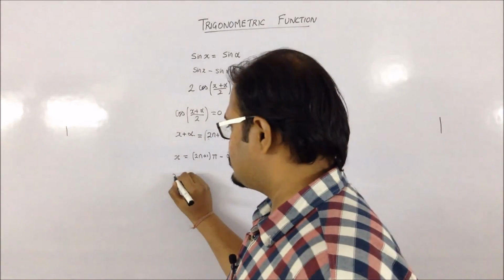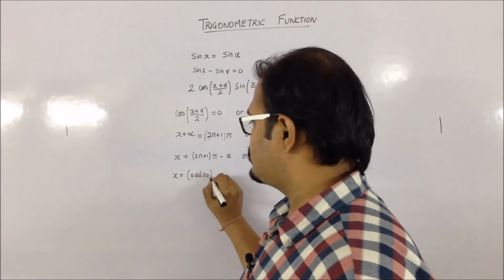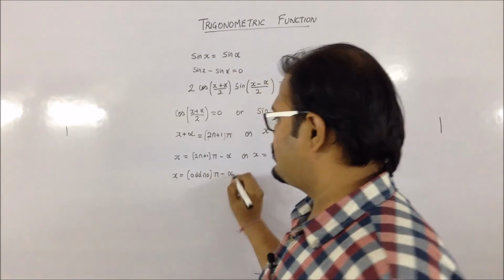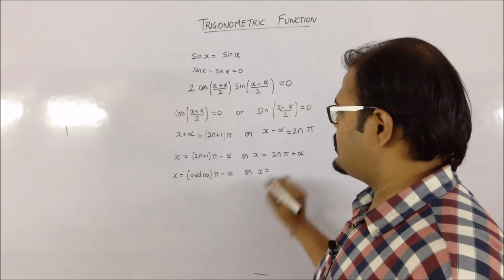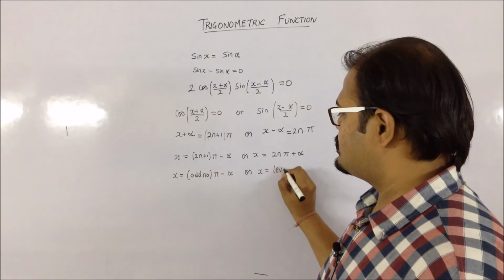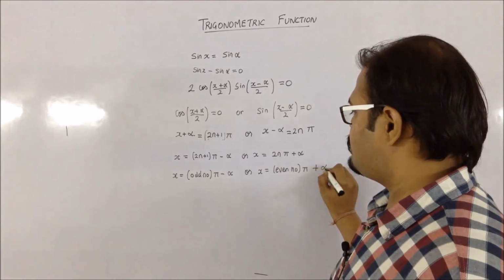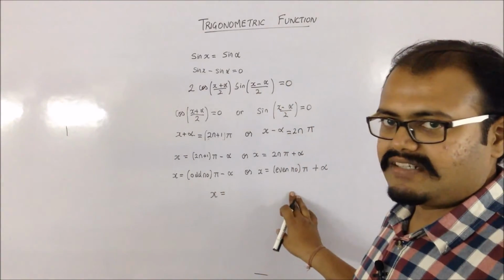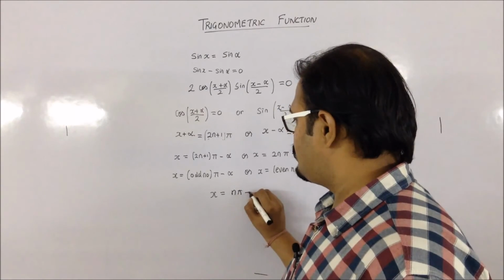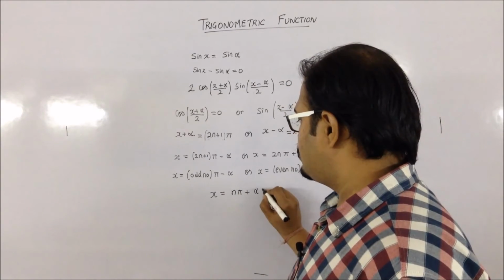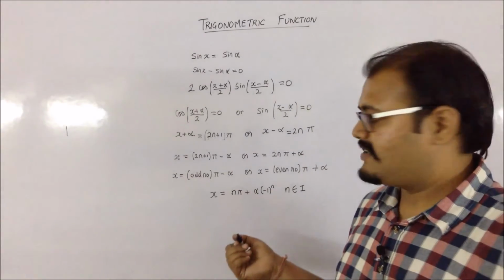So this is x equals odd number times pi minus alpha, and this becomes an even number times pi plus alpha. If I want to generalize this particular equation, then I will get it as n pi plus alpha into minus 1 raised to n. You can just check how it happens.